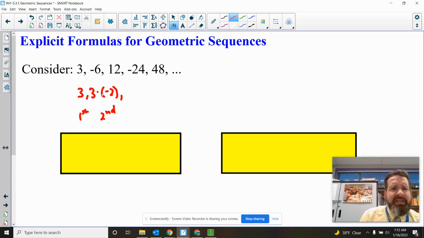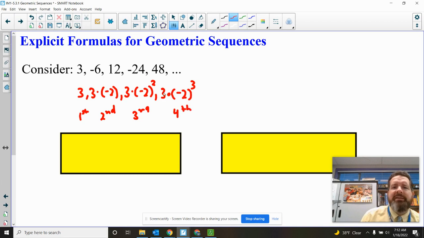So the next term is going to be this one times another -2. -2 times another -2 is -2 to the second. If we do that again, in the fourth term, it's going to be that starting 3 times the -2 3 times.